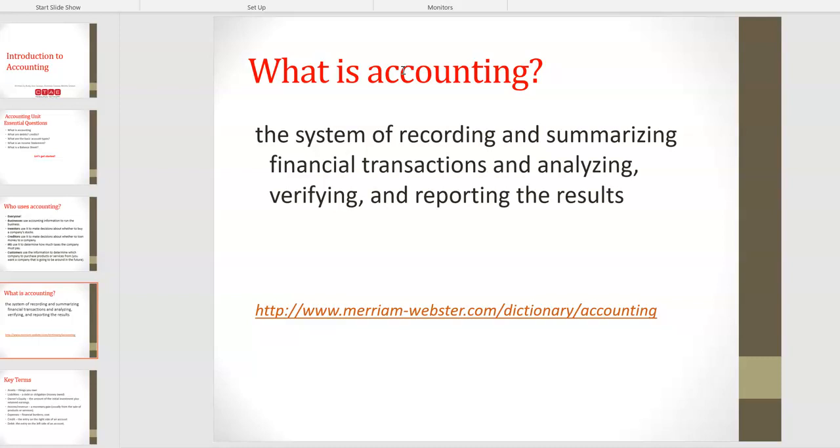Well, the purpose of accounting in the business is to keep track of what is going on in that business financially. So they record all of the financial transactions. In accounting, we take that information and summarize it into a format that's easier to understand. Then that information is analyzed, someone has to verify the accuracy of it, and then you have to report it.